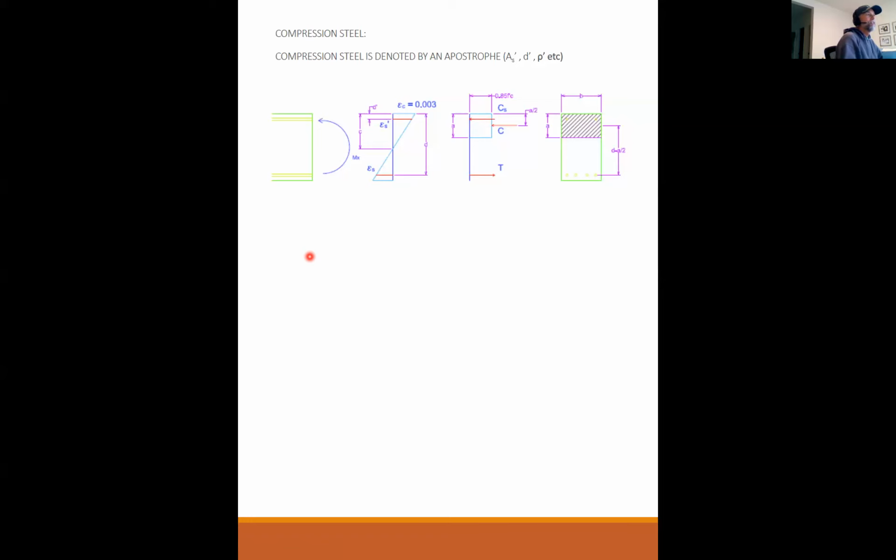And whatever the answer was to that dictated how we finished the rest of the problem. Compression steel beams are the same way. We're going to assume that the compression steel is going to yield. We're going to bring the problem down to a certain point, and then we're either going to prove that it does yield or it doesn't yield. And that will dictate how we finish the problem. Okay.